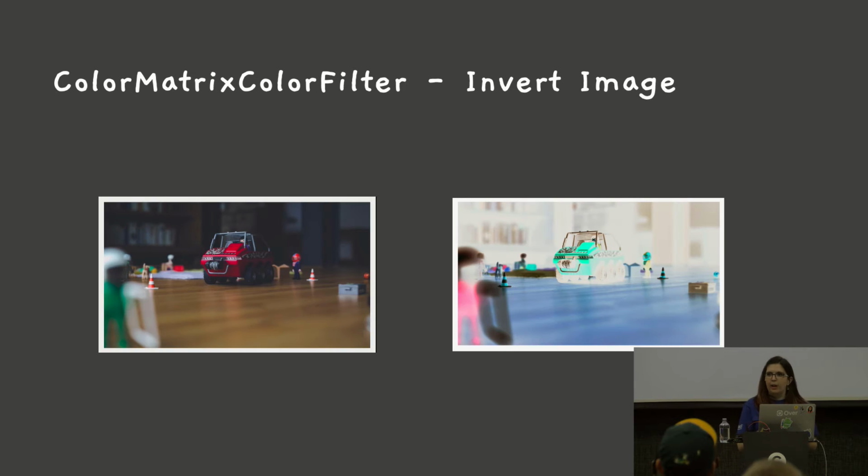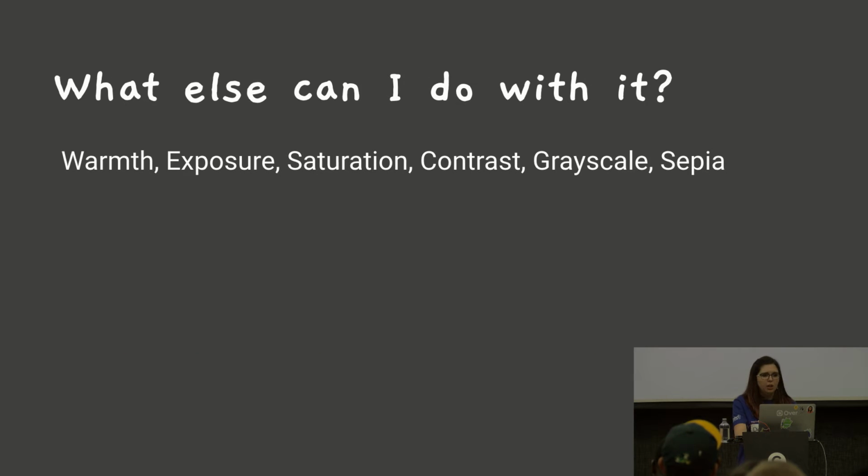I didn't explain to you how fast this is, which is missing from my slides. But basically, this happens super quickly, okay? Your color matrix color filters are running on the GPU, and they are very quick to execute. So what else can you do with color matrix color filters? You can do some cool things, like adjust the warmth of an image, the exposure, saturation, contrast, grayscale, and sepia.